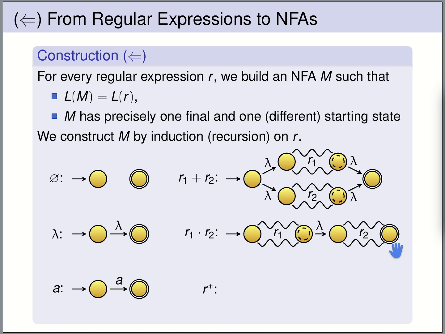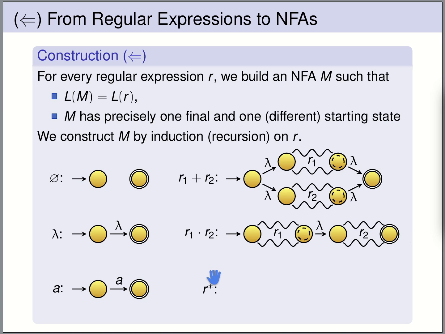So the words accepted by the new automaton are precisely those words that start with a word of the language of R1, followed by a word of the language of R2. So it accepts precisely the concatenation of the two languages of R1 and R2.